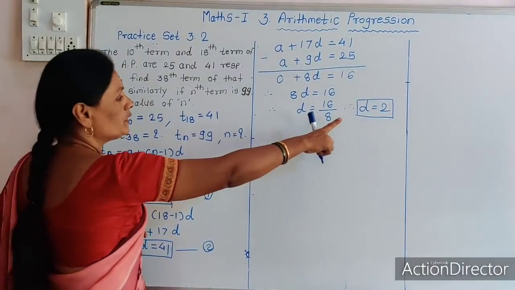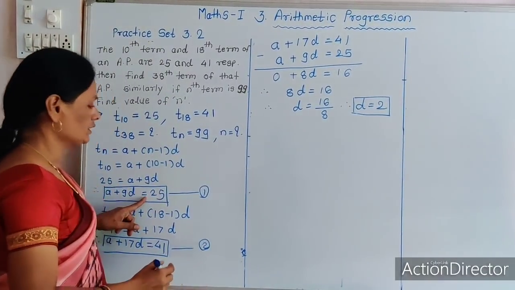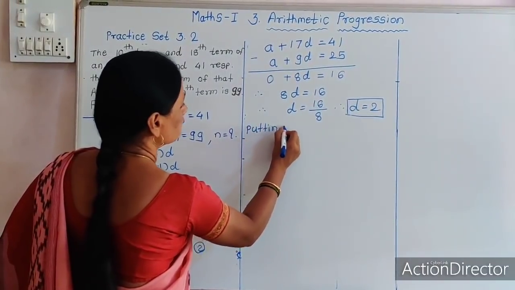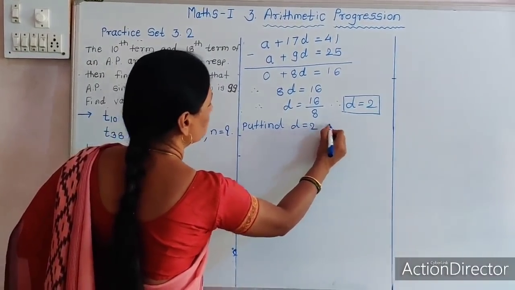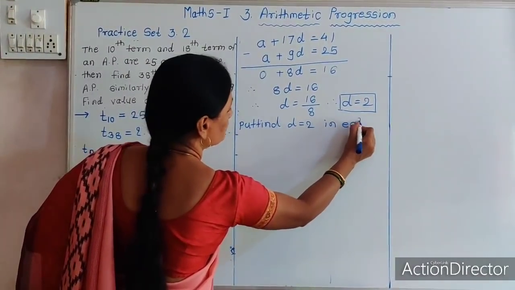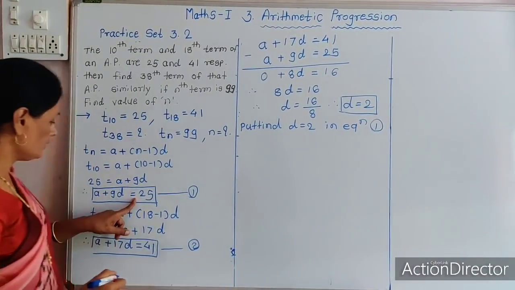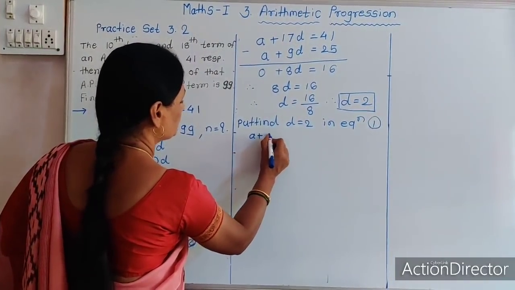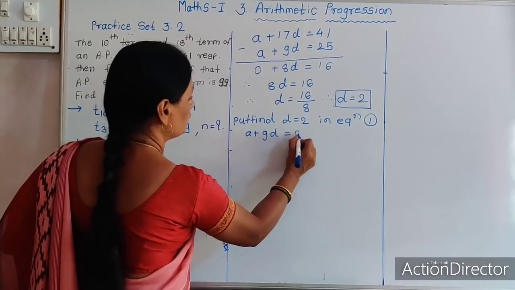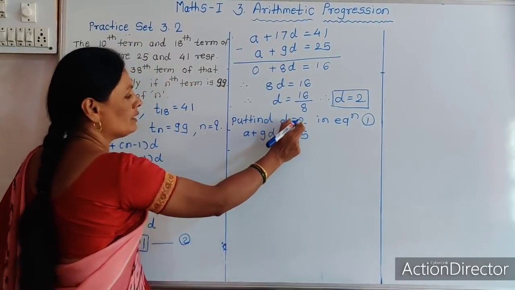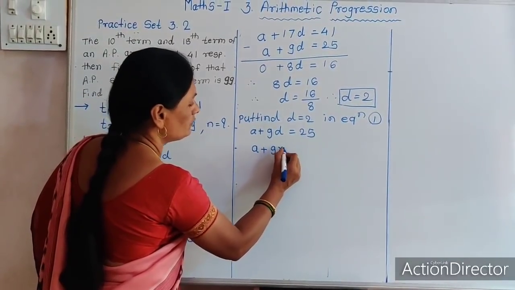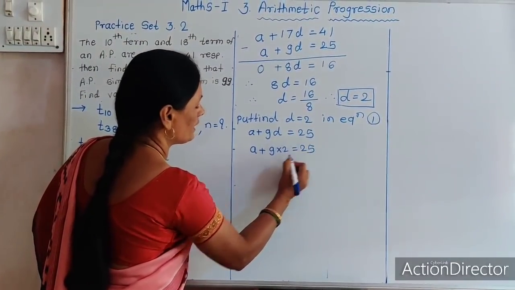Now, we put the value of D in equation first. Putting D is equal to 2 in equation first. First we write equation first. A plus 9D is equal to 25. Put the value D is equal to 2. A plus 9 into 2 is equal to 25.